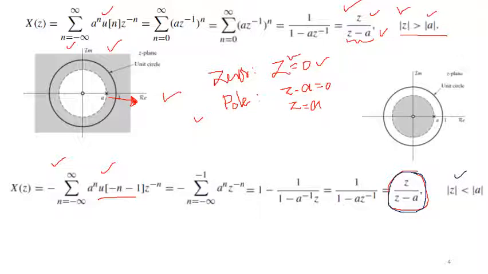Again, for the second case we have one zero and one pole at exactly the same place. But because this is the right-sided sequence, the region of convergence is outside the outermost pole, this one, and the region of convergence has an expression like this. Similarly, for this one, the region of convergence is absolute of z less than absolute of a, so this is inward. I hope this gives you some idea.